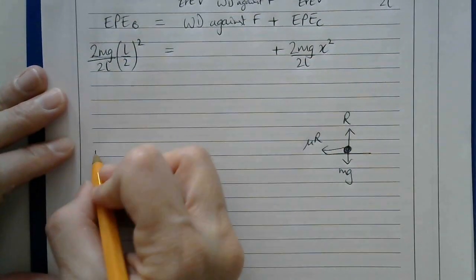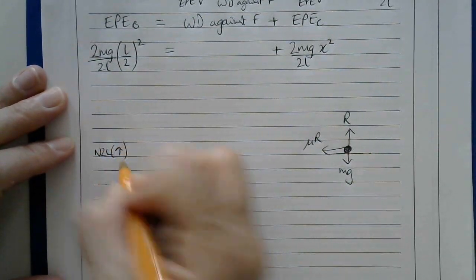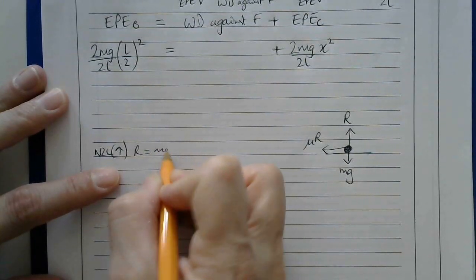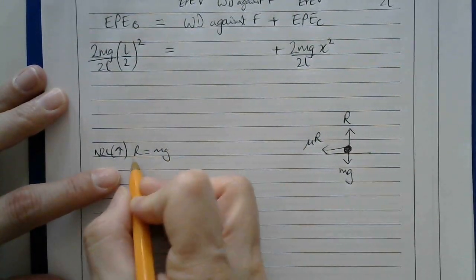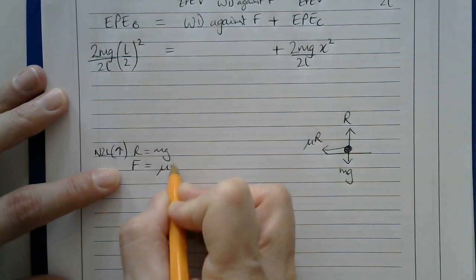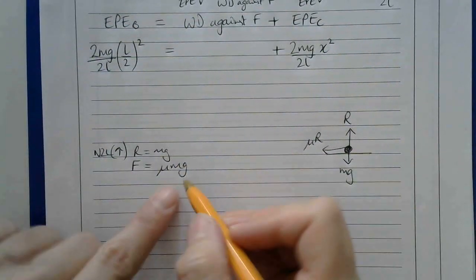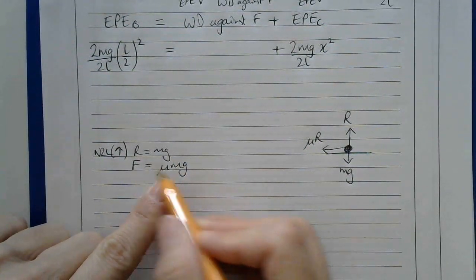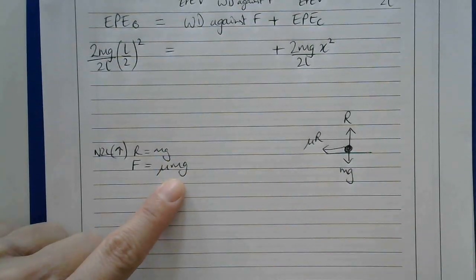So by doing Newton's second law vertically, I know that R is equal to mg. Therefore, I know that the friction is equal to mu mg, by using the formula friction is mu times R.